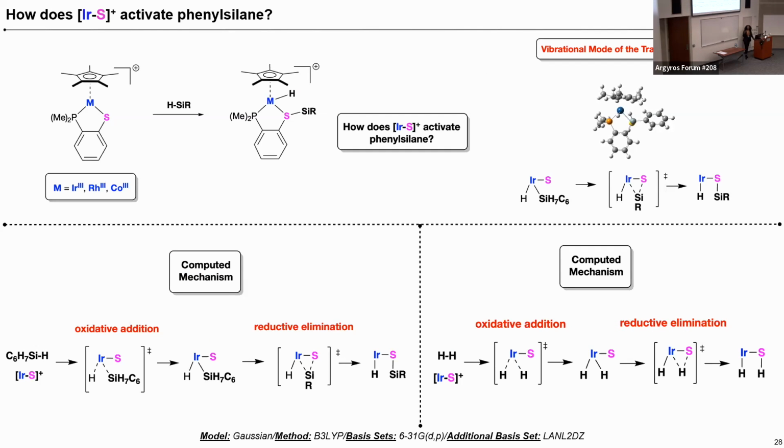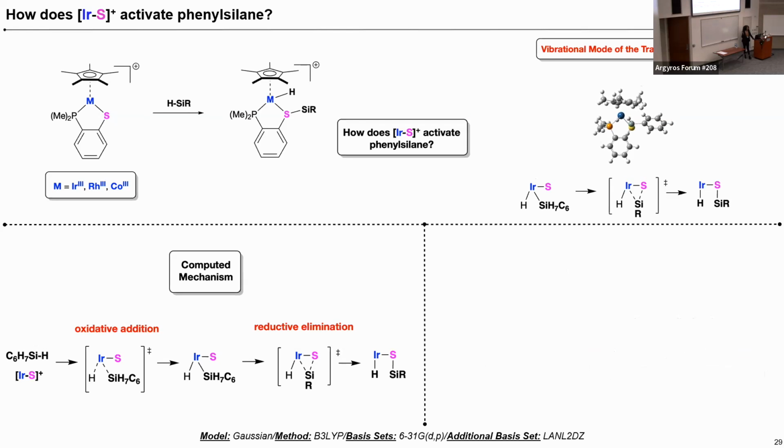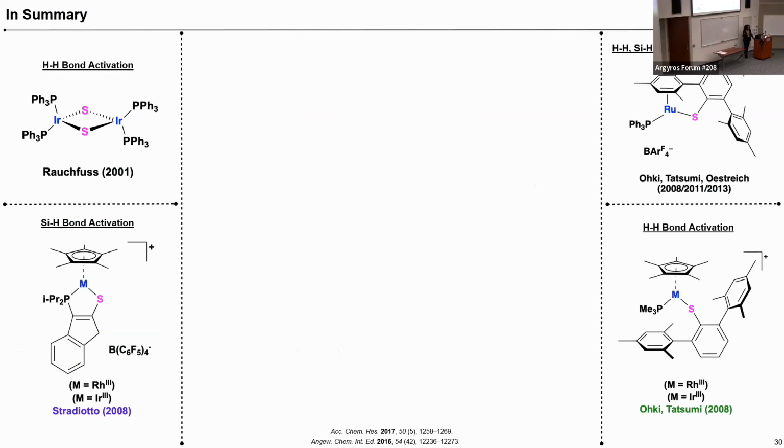If you remember what I mentioned earlier, these two reactions are exactly the same when activating phenylsilane and H-H. So that brings us to our second conclusion, which is that the activation mechanism does not change when paired with different reagents.